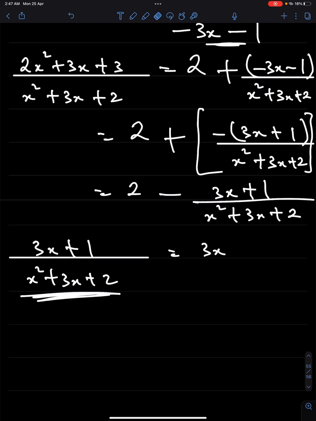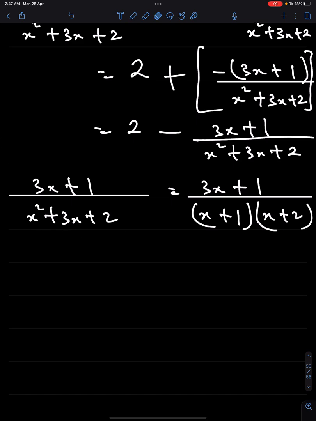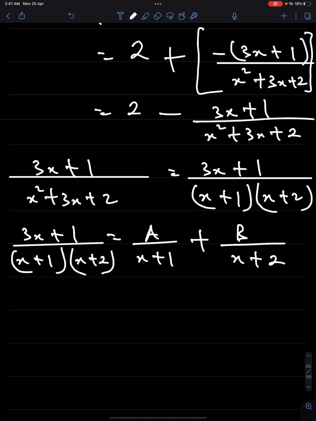So let me write that: 3x plus 1 over x plus 1 times x plus 2 is equal to a over x plus 1 plus b over x plus 2.